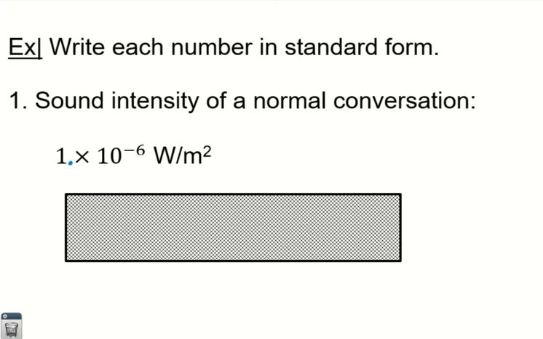Anyway, let's write it over here. So if you start off with 1.0 and move the decimal place 1, 2, 3, 4, 5, 6 places to the left because of the -6, we'd have a 0.000000, so we'd have 5 filler zeros.